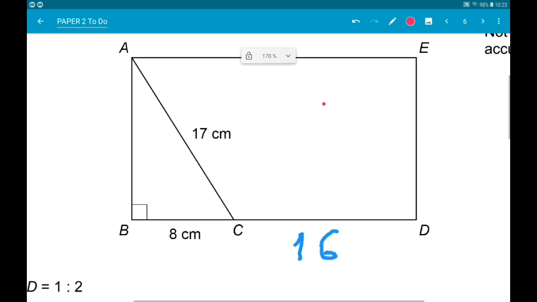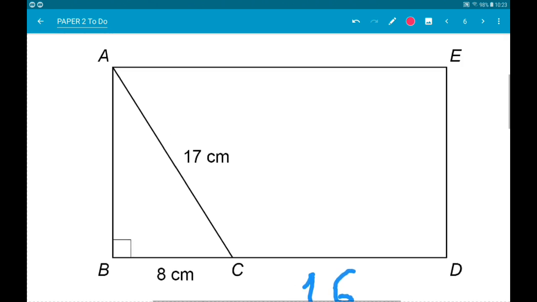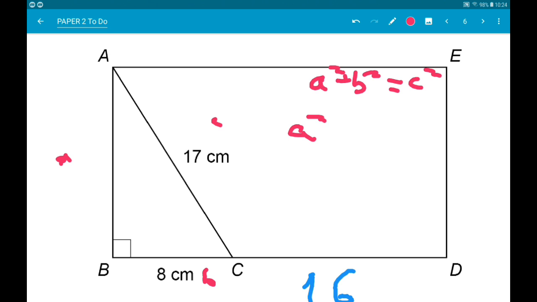So, luckily, that is also the height of a right angled triangle. So, if we call this side A, this side B, this side C, we can use Pythagoras. So remember, A squared plus B squared is C squared. So, A squared is C squared minus B squared.